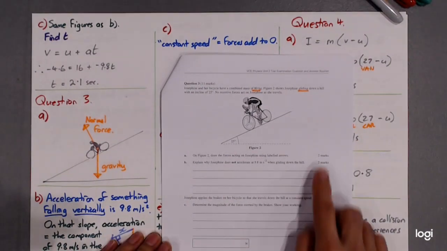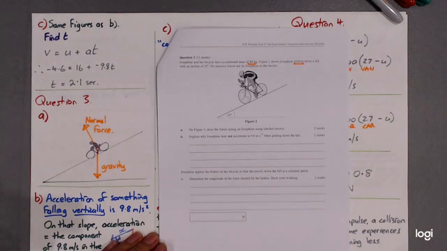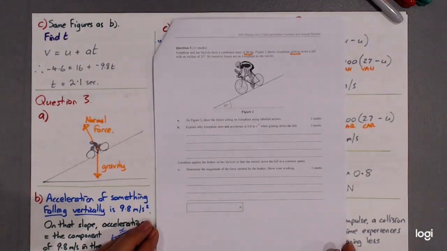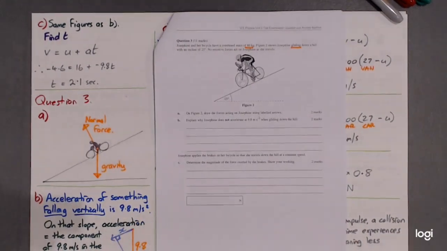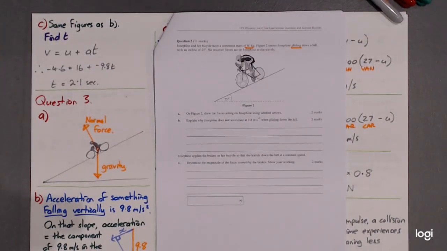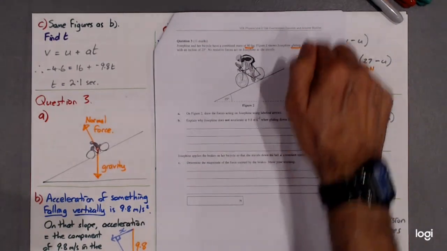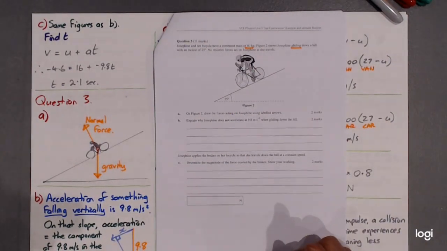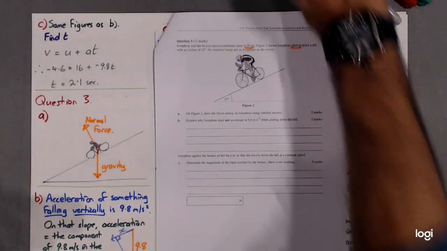Let me see if I can grab it. Yeah, the cart. Remember this one? Rope pulling on the cart, cart pulling on the rope. Same sort of thing is being tested here. The force causing the acceleration down the hill is the earth pulling on the bike, right? The equal and opposite one there would be the bike pulling on the earth, and that's not happening. The brakes are forcing the wheels.